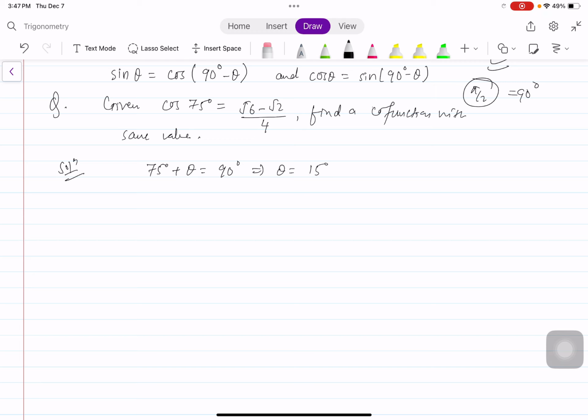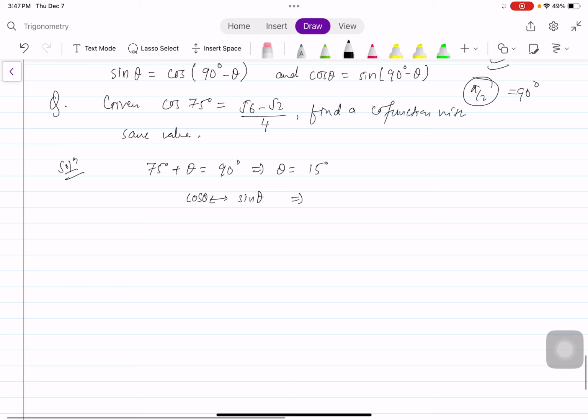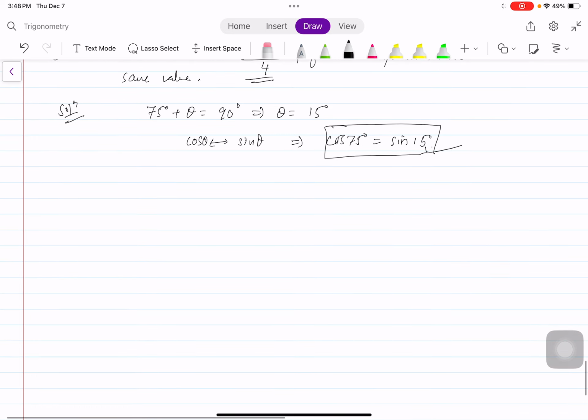This is 15 degrees, right? We subtracted, and cosine and sine are co-functions of each other. So this implies cosine 75 degrees equals sine 15 degrees. So this is also the value for sine 15. This is how we solve.